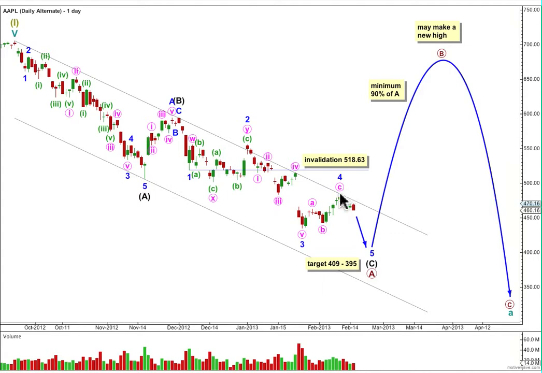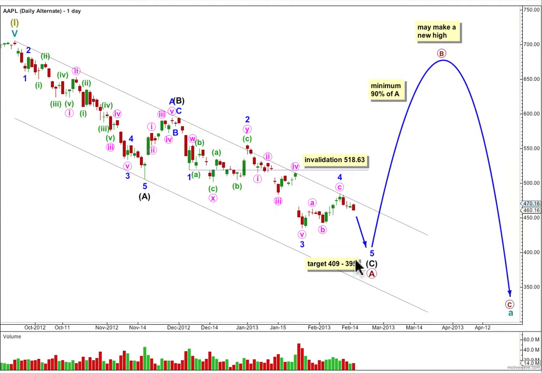The invalidation point in the short term is exactly the same. We're still seeing a 5-wave impulse down completing, and if wave 4 at blue or minor degree continues further sideways as a flat or maybe a triangle, then it can't move into minor wave 1 price territory. The wave count is invalidated with movement above 518.63.